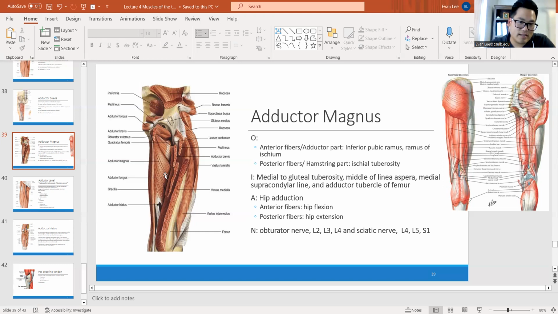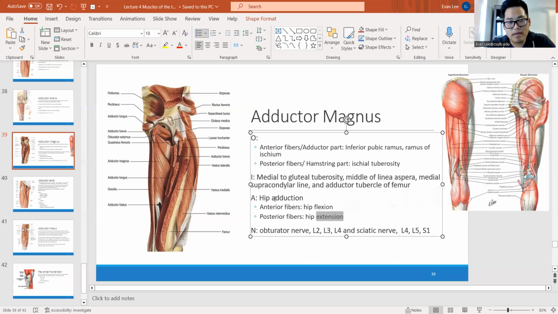But in a weird way, it is also going to be kind of inserting slightly on the anterior side as well, which allows it to do some hip flexion too. So adductor magnus is a little bit of a weird one, but it's going to do hip extension, hip adduction, but then to some extent, hip flexion as well.